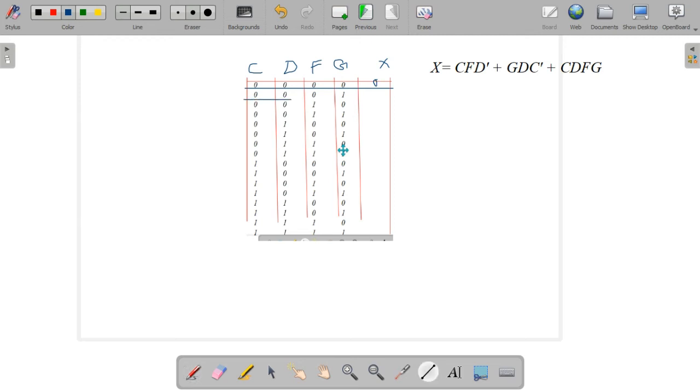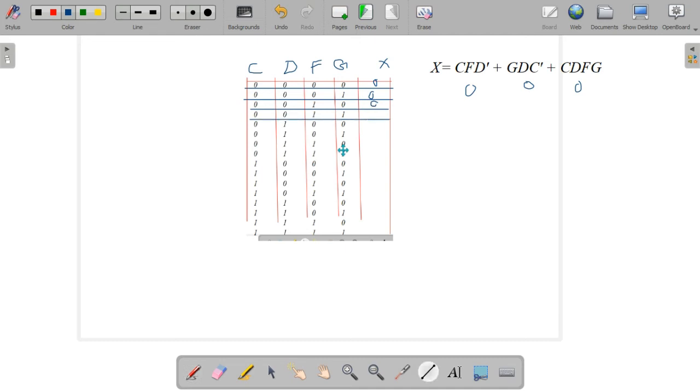In the second one, 0, 0, 0, 1. CFD dash means 0 is there in the first term. In the second term, GD, both are zeros. So CDFG again 0. So we can fill the value 0. Then in the third row, 0, 0, 1, 0, again the same value 0 we will get. There is no more change, because the same values we are substituting.